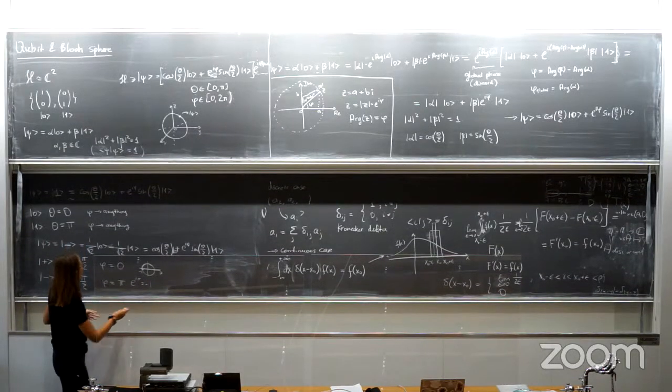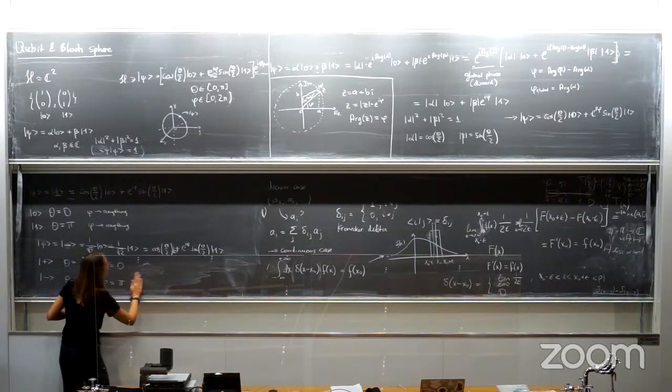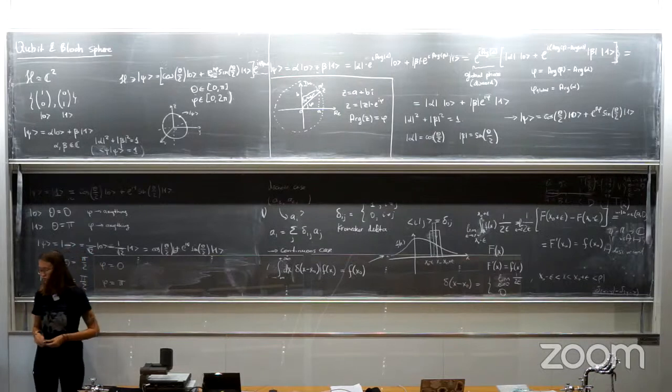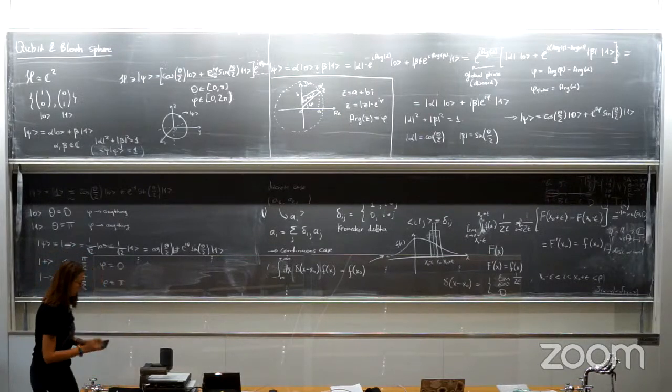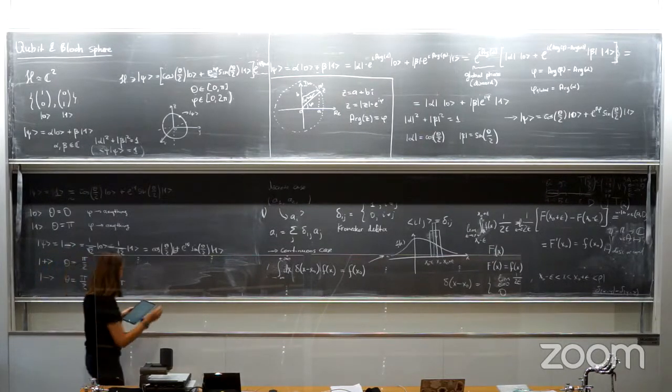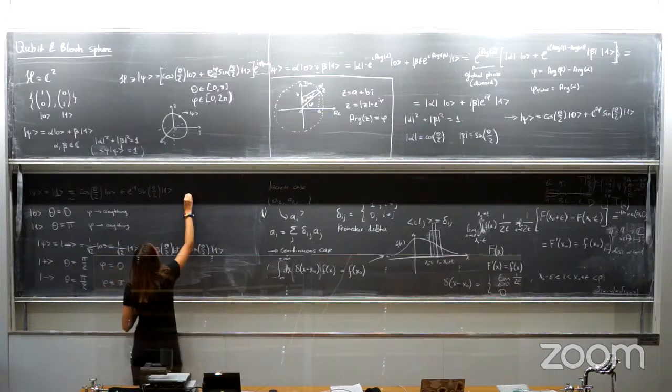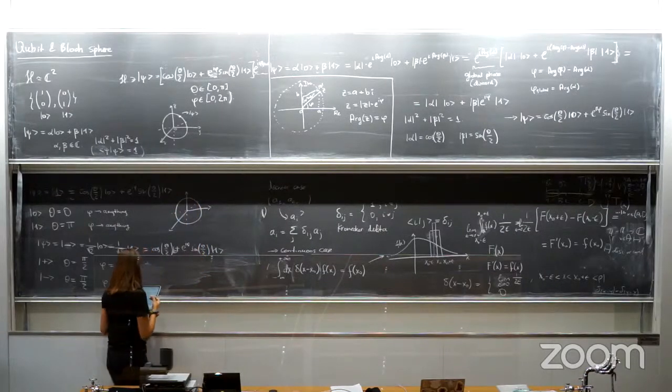Okay, so now for the plus and minus, for example, one can draw them on the sphere as the following points.